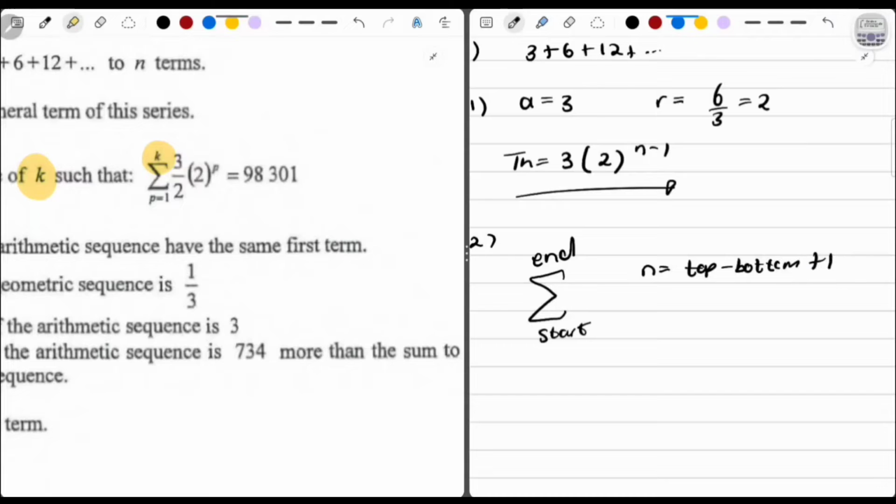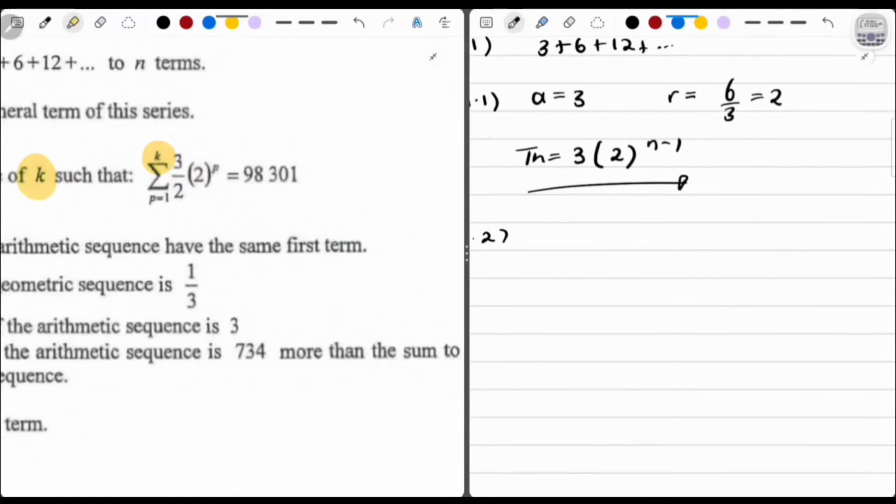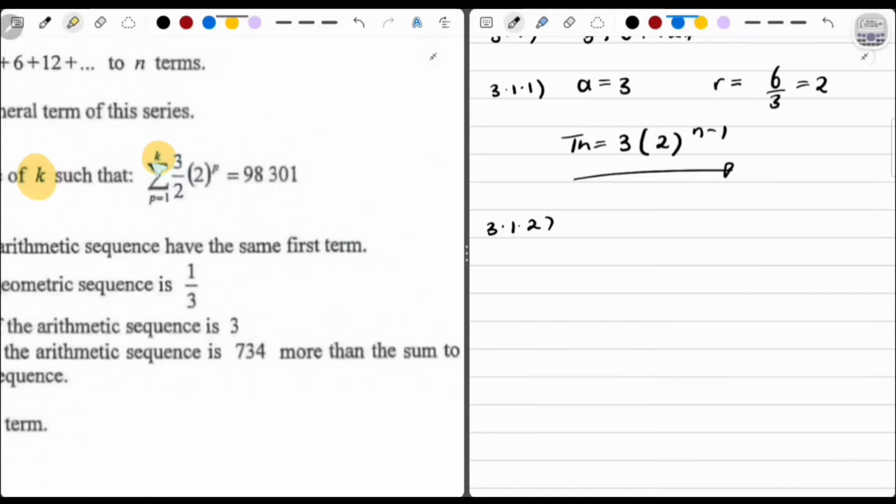The reason for this rule is that some patterns don't necessarily start at 1. Sometimes they can start at 0 or 2. So to make sure you find the number of terms in the series, you use this formula. But in this one, there's no confusion. p is equal to 1. We have nothing to worry about. We can easily just find k.